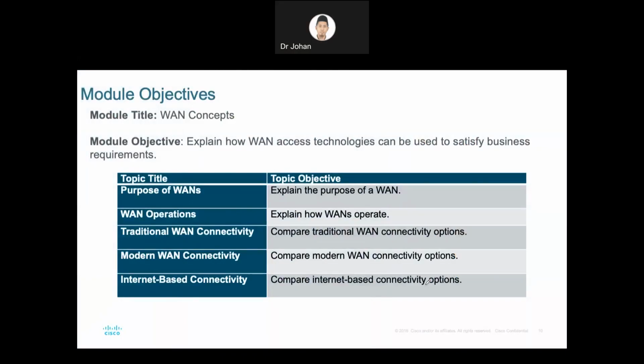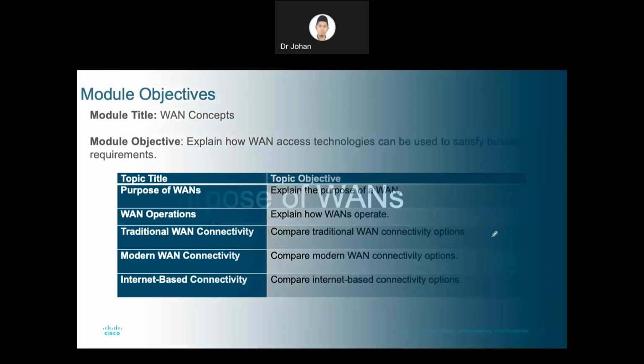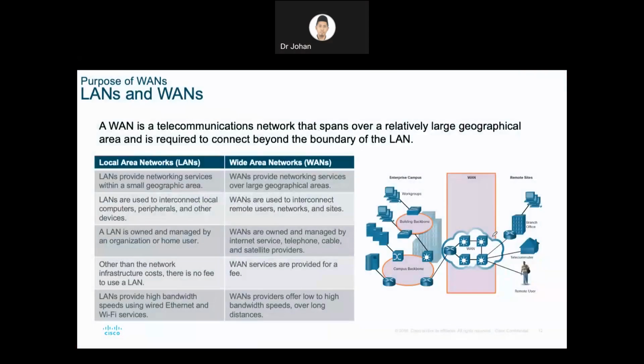Basically, this module will explain how WAN access technology can be used to satisfy business requirements. It covers the purpose of WAN, the operation of WAN, comparing traditional WAN connectivity options, comparing modern WAN connectivity, and comparing internet-based connectivity options. Okay, purpose of WAN.